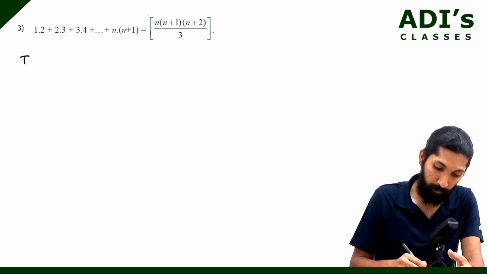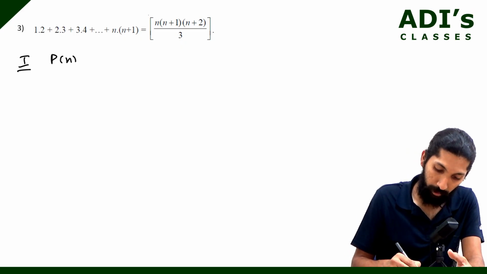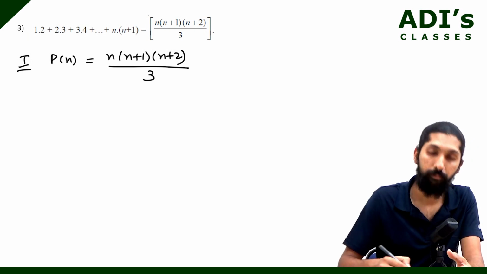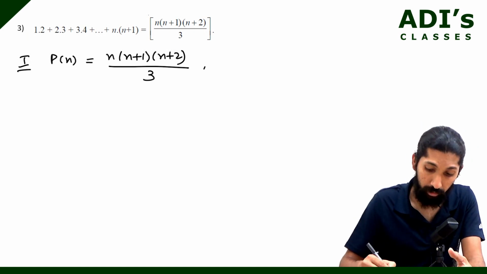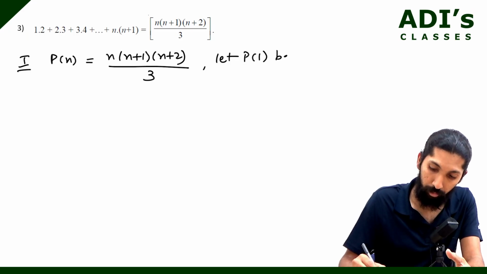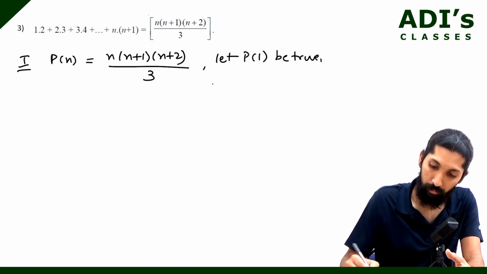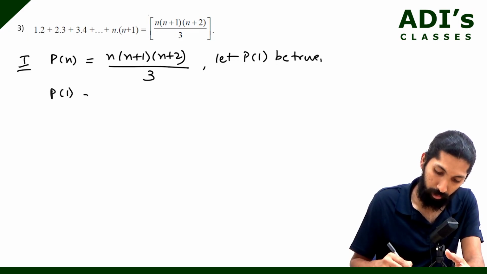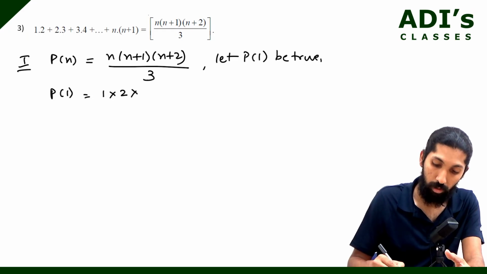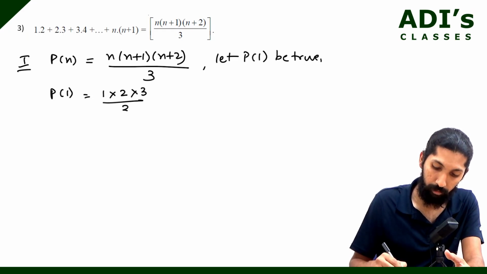So in the first step, P of n is equal to n into n plus 1 into n plus 2, divided by 3. Correct? Then let P of 1 be true. So P of 1 is equal to 1 into 1 plus 1 is 2, 1 plus 2 is 3, divided by 3.